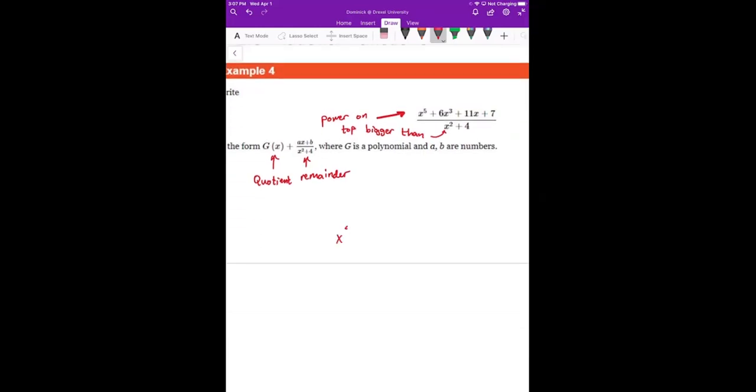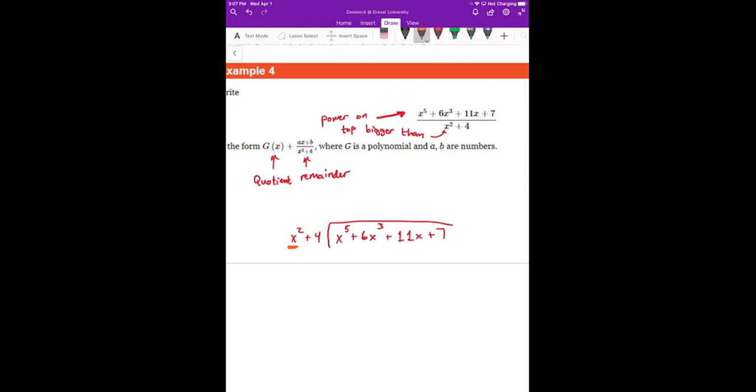So I want to take x to the 5th plus 6x to the 3rd plus 11x plus 7, and I want to divide that all by x squared plus 4. Okay, now the idea is that this all is going to essentially revolve around this x squared term. All right, well, not all of it, but most of it.